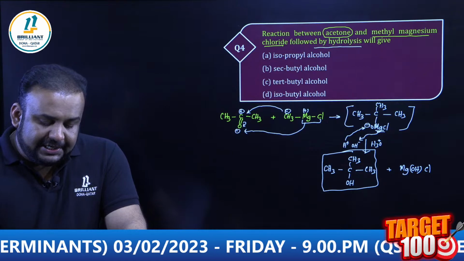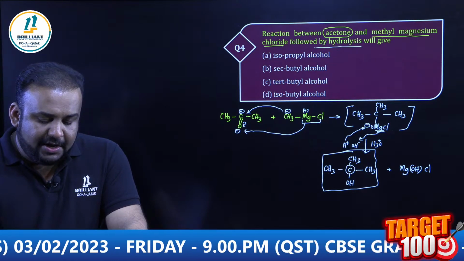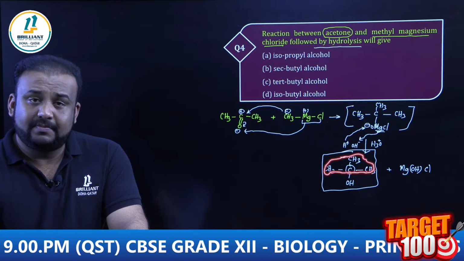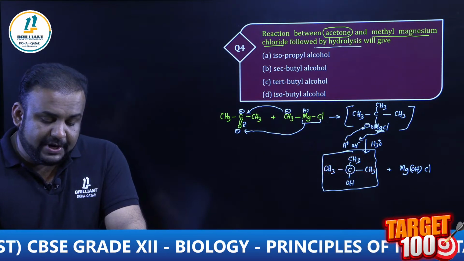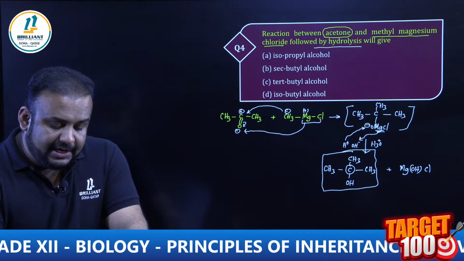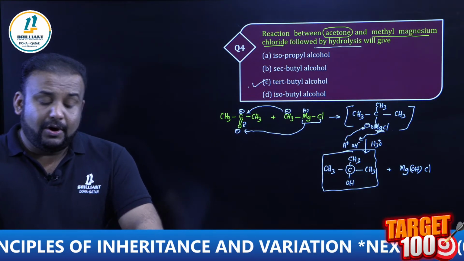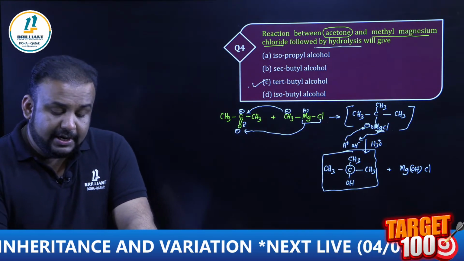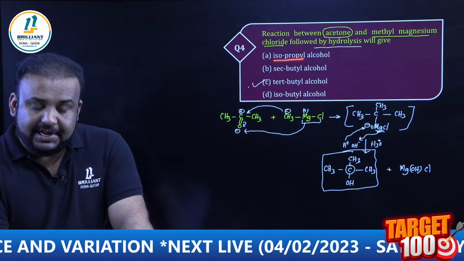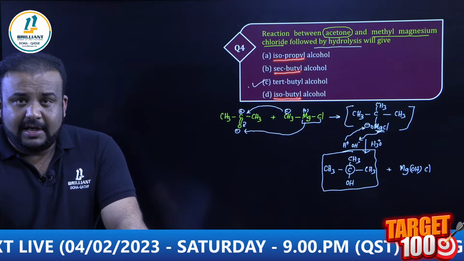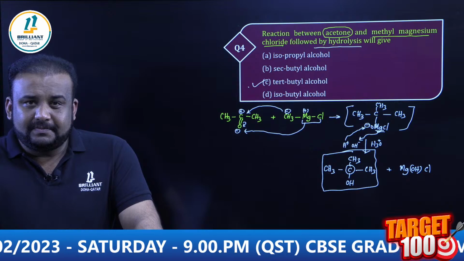This is a tertiary alcohol, and you can see that this group is tertiary butyl group. Right. It is a tertiary butyl group. So you are going to get tertiary butyl alcohol. And I believe all of you know the groups which are listed here: isopropyl, secondary butyl, isobutyl. Is that clear to everyone?